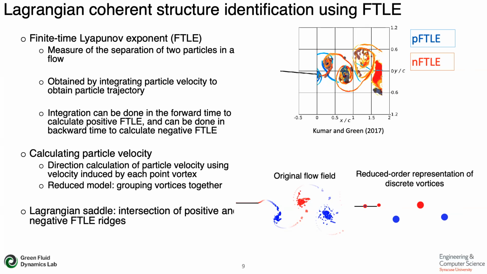I am showing here on the top right an example of the positive and negative FTLE ridges, and as you can see, they provide a robust method of visualizing the wake. An important feature here that we'll talk about in the next few slides is the Lagrangian saddle point, which is located at the intersection of the positive and negative FTLE ridges.